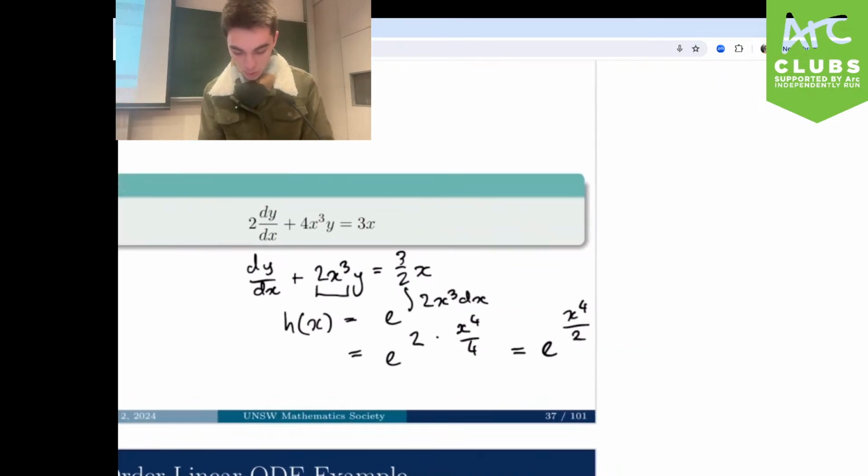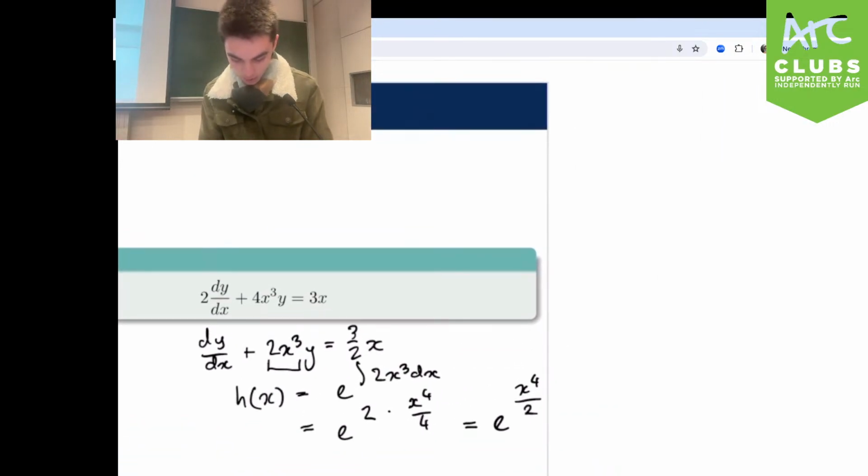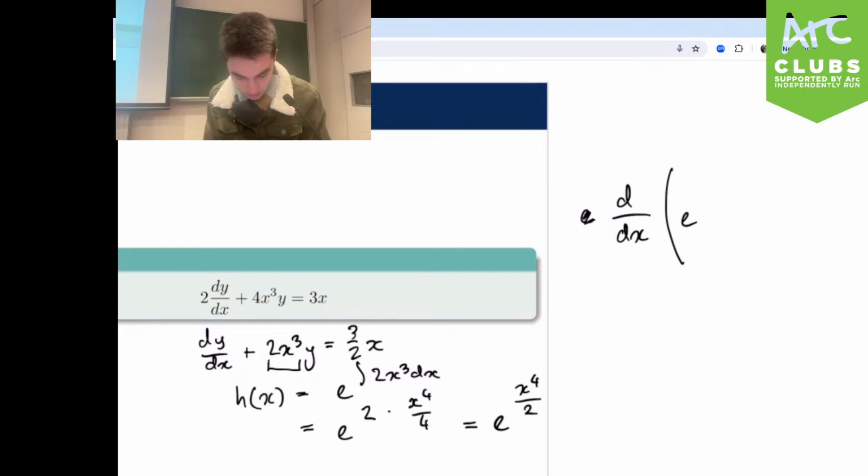Okay? And once we do that, we're going to end up with an expression on the left-hand side that we can simplify to look like this, right? The derivative of h of x times y, right?